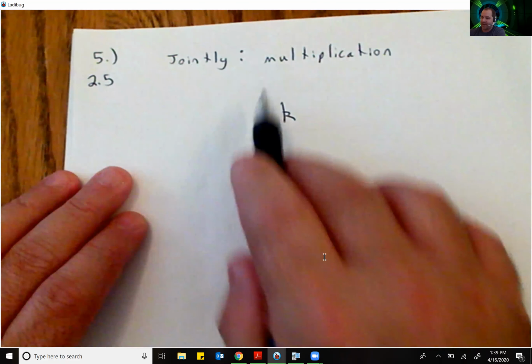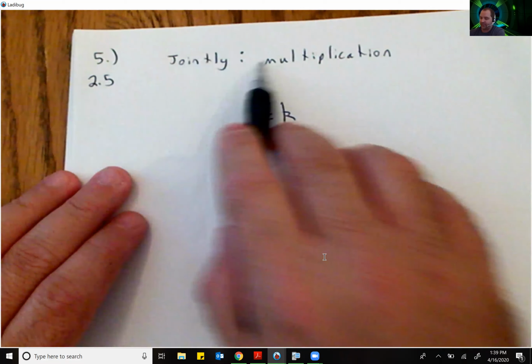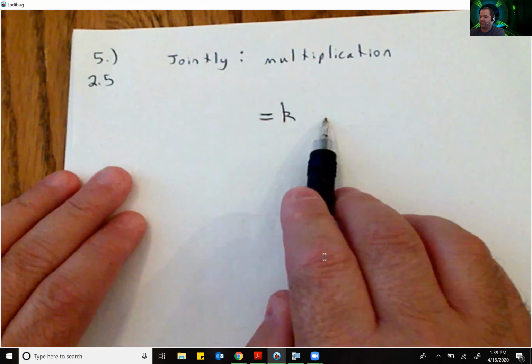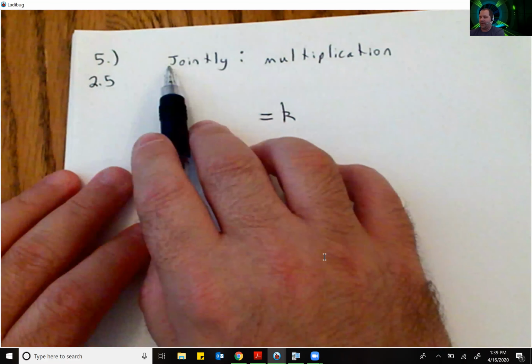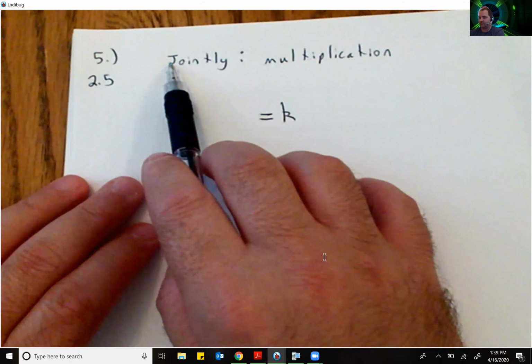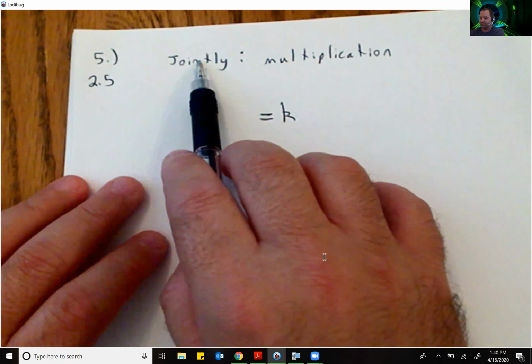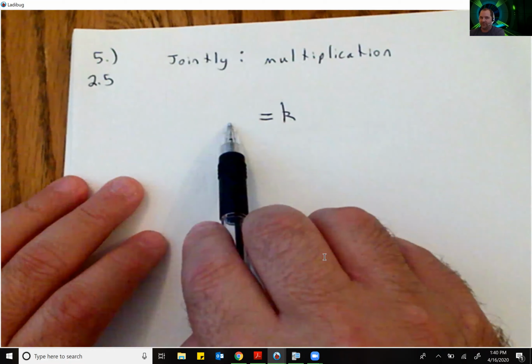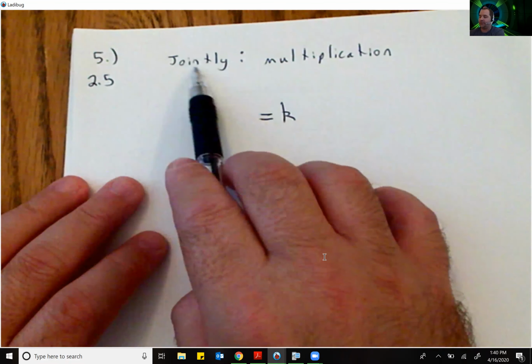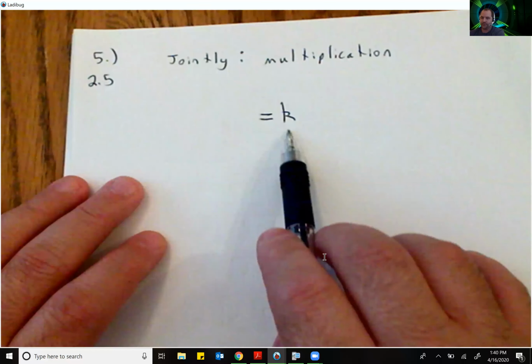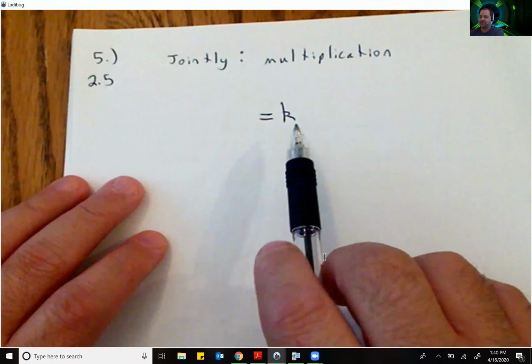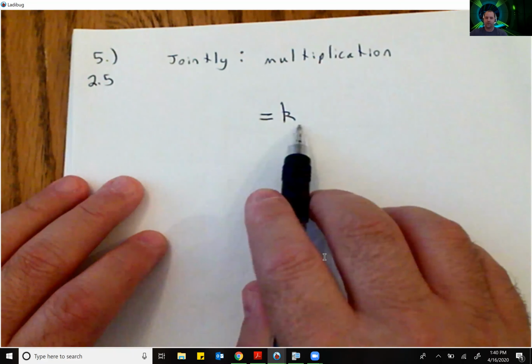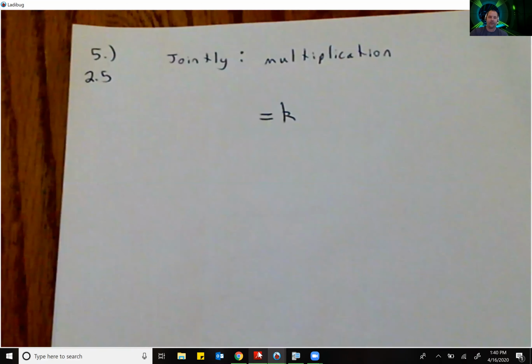Any concept after the word jointly goes after the K. Remember that if it was inversely, anything before the inverse word would be before the equal sign. Anything after the inverse word would have been under K, because inverse meant division.